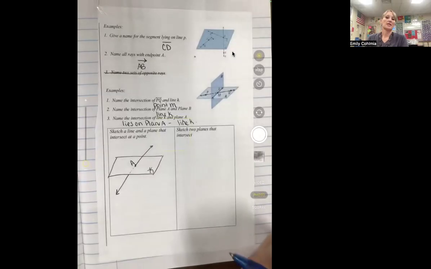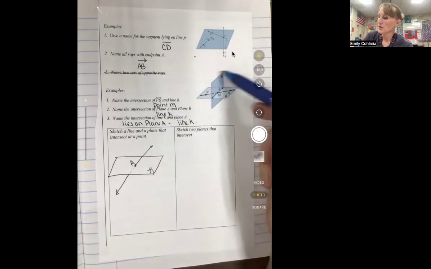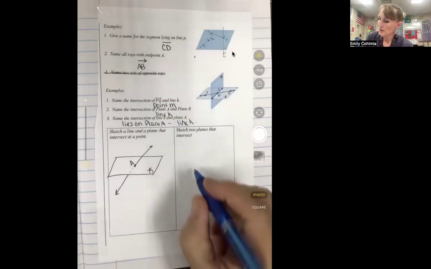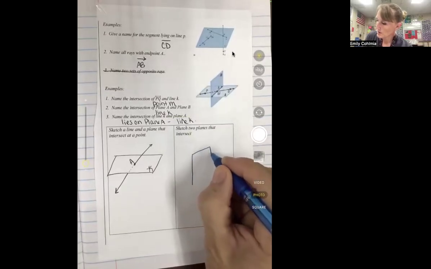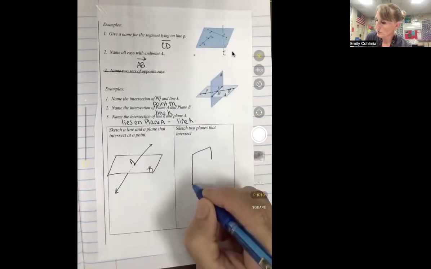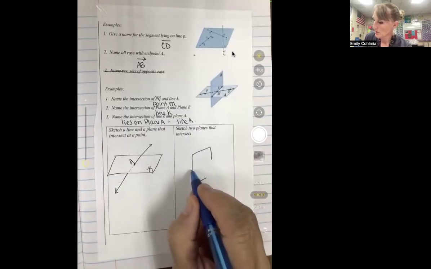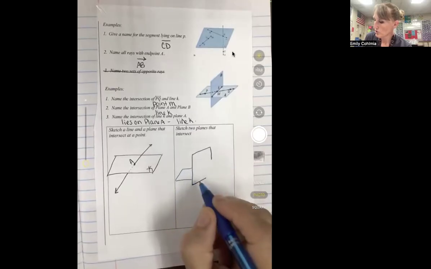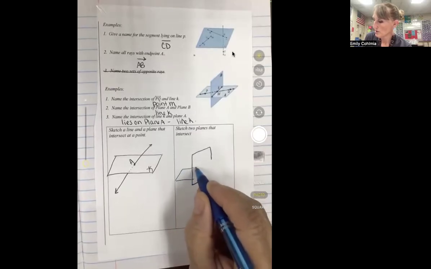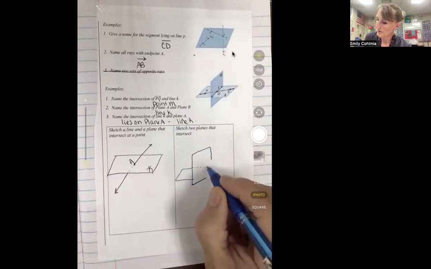Sketch two planes that intersect. This is the one that looks like this. It's kind of tricky. So we're going to draw this one first, and then I'm going to make this one go this direction. You can't see that part.